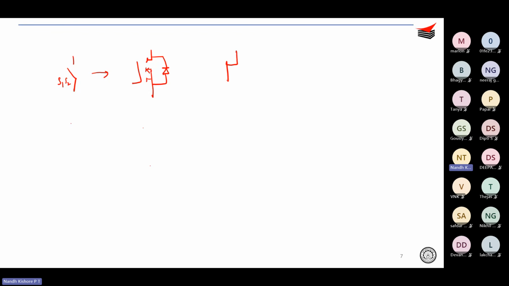Many people use this other symbol as well, but it is generally used for signal level MOSFETs, just a piece of information. This is also called NMOS in analog electronics. They don't generally represent the anti-parallel diode, though it should be represented, because they don't have much to do with it.